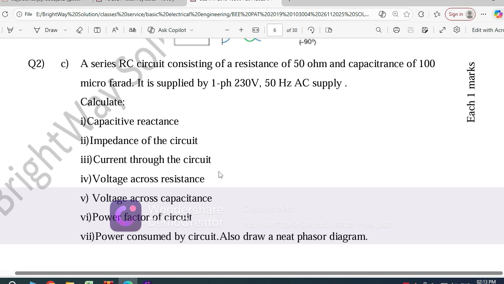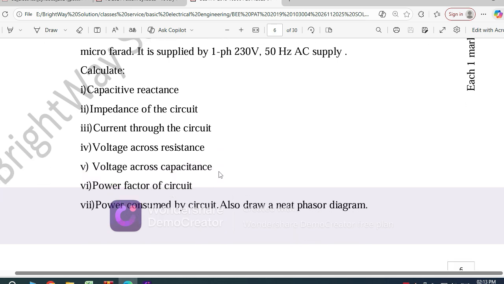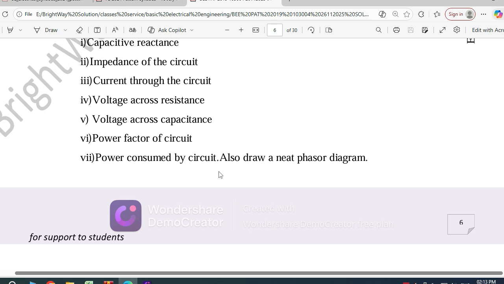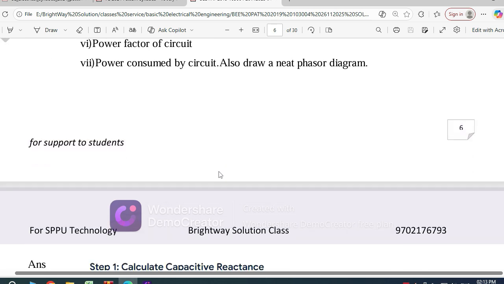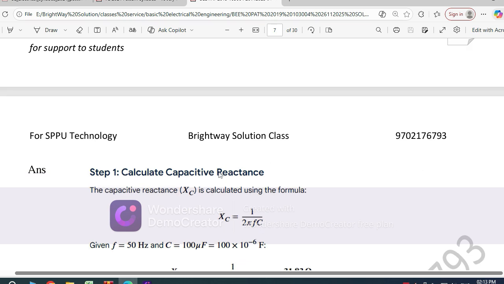Calculate the capacitive reactance, impedance of the circuit, current through the circuit, voltage across the resistance, voltage across the capacitance, the power factor of the circuit, power consumed by the circuit, and the phasor diagram.